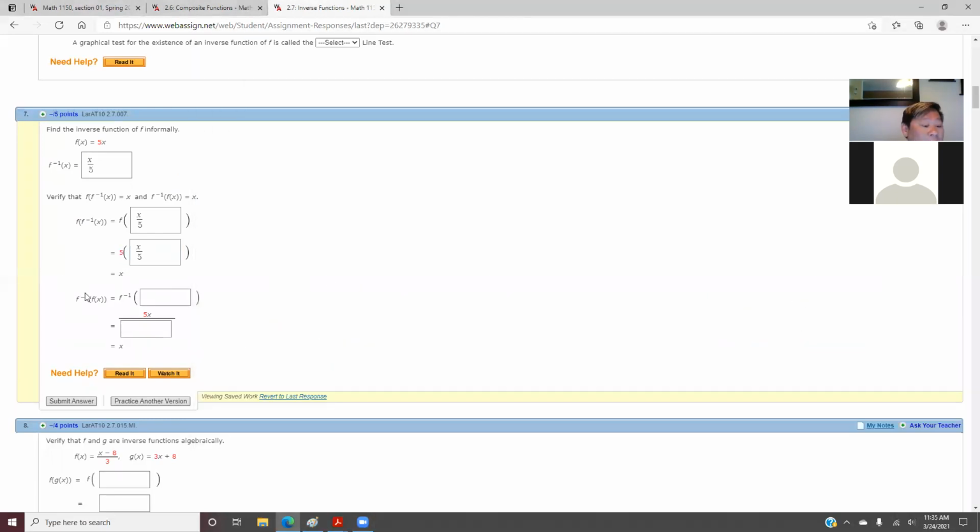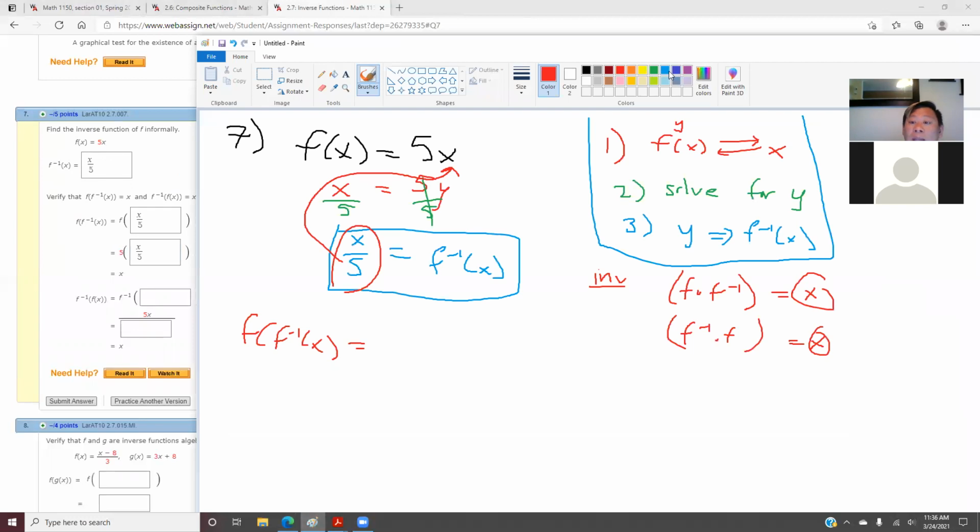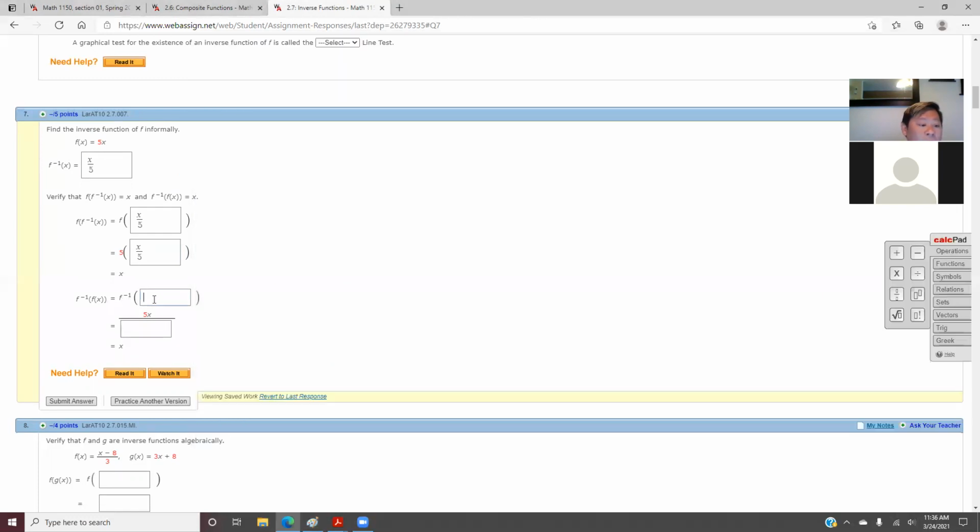And now you do the f inverse dot with f of x. That means now you do the opposite. You take the f of x and plug it back into the inverse. So the f of x in this case is 5x, and you plug it back into the inverse. So the x in this case is 5x.